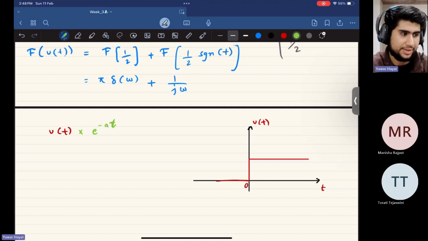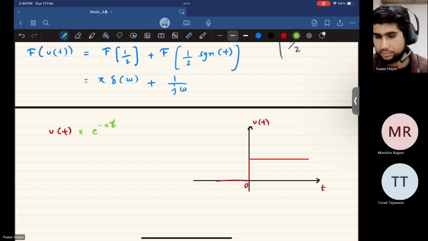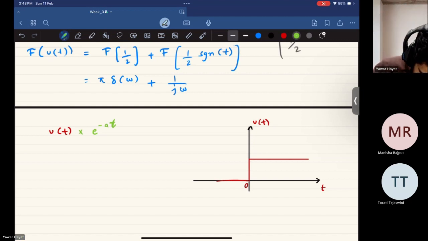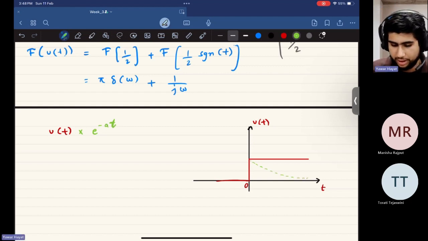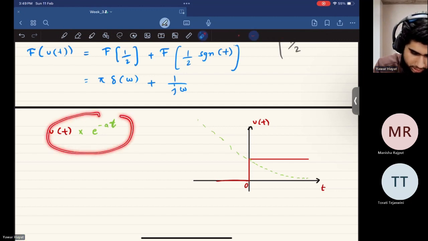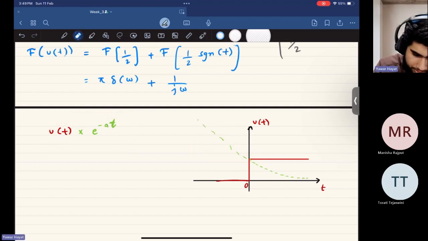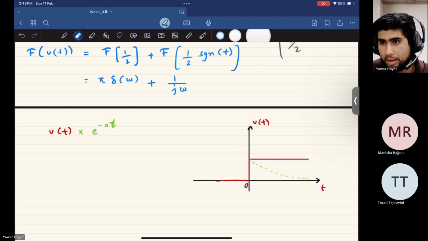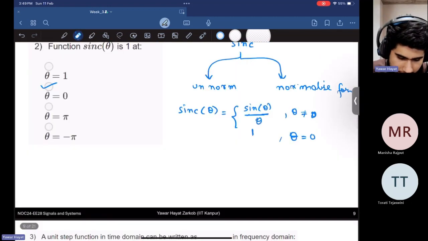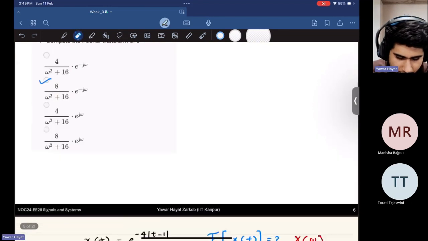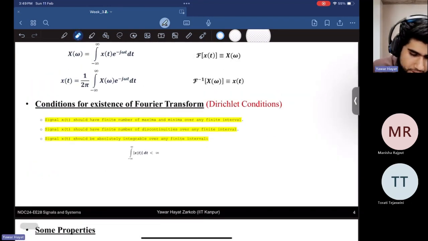This product would be zero here, so I'm showing only this part. He made a comment that this integral was not absolutely integrable.